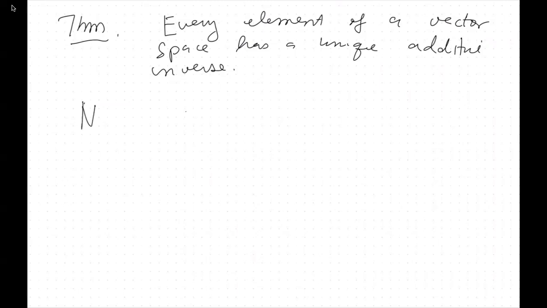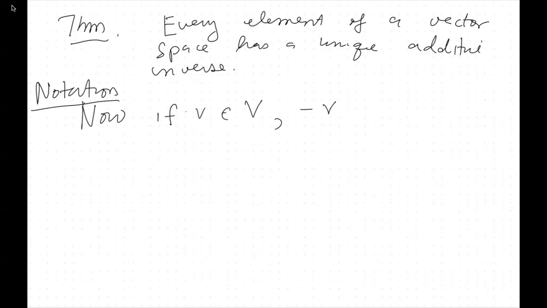If v is in a vector space, negative v is the additive inverse.